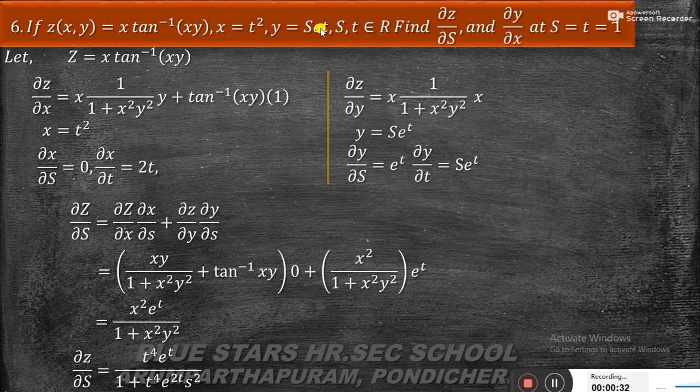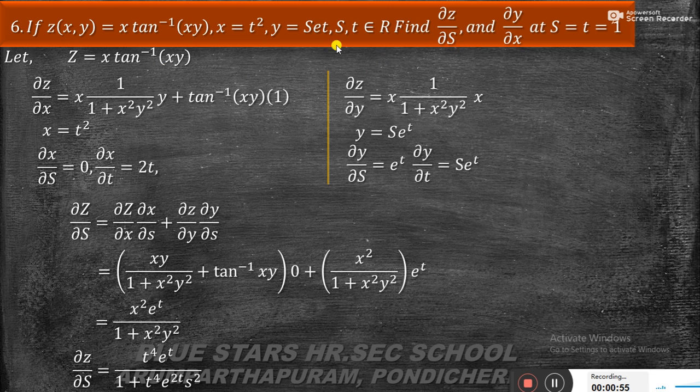So here y is s into e power t. The function is z of x comma y equals x tan inverse xy. So here I write the given function z equals x tan inverse xy. We will calculate ∂z/∂s and ∂z/∂t, two functions.